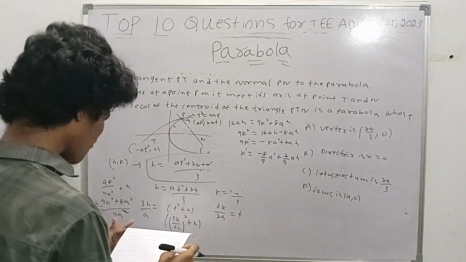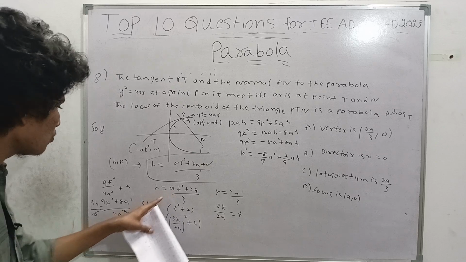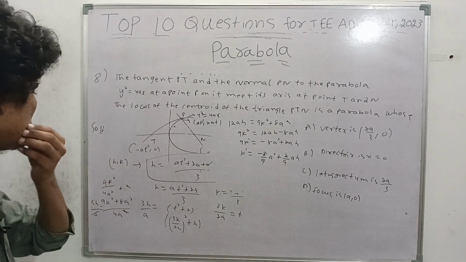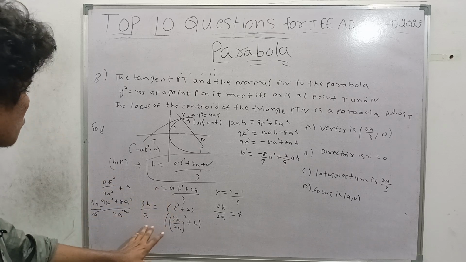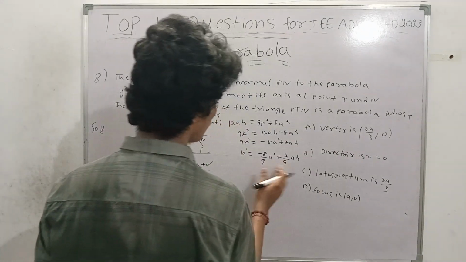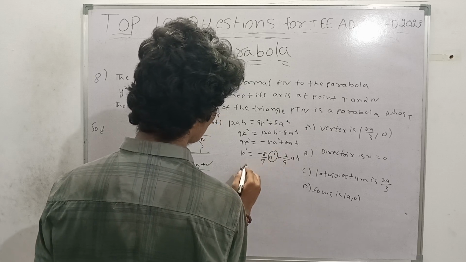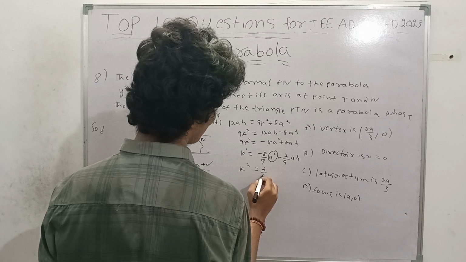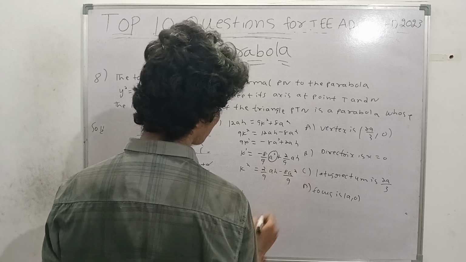Here it is very important that you take the correct steps. So k square equals 2 by 3 ah minus 8a square divided by 9.